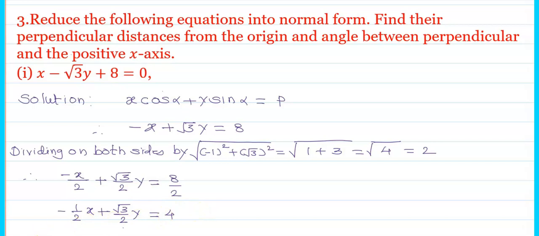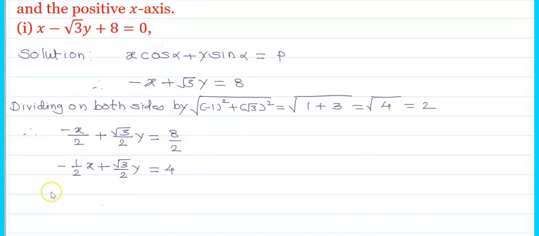Now we'll find out the angle. If we compare with the normal form, that is x cos alpha plus y sin alpha equals 4, it means that cos is negative and sin is positive.